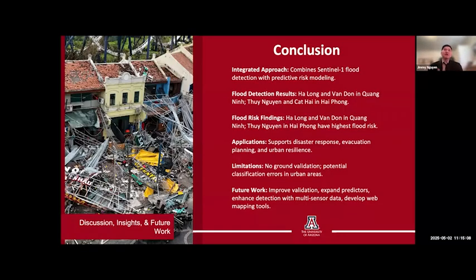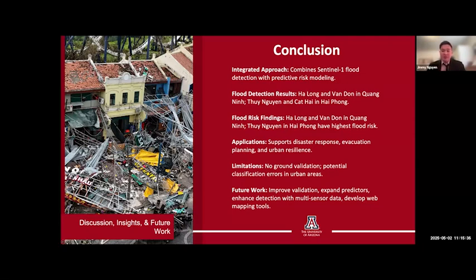And so in conclusion, with my project, I used two different approaches, integrating them together. I used Sentinel-1 satellite imagery for flood detection, along with the 7 different predictive variables to build my risk model. And for applications, this will support disaster response planning, evacuation strategies, and infrastructure resilience for flood-prone areas.